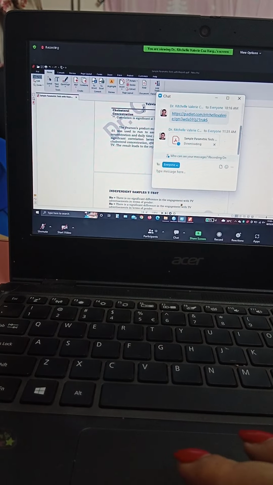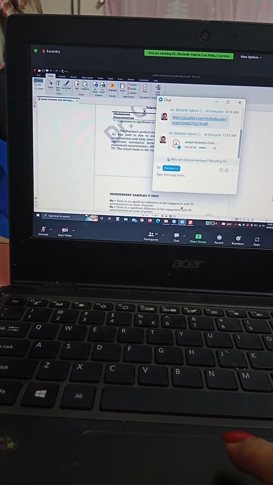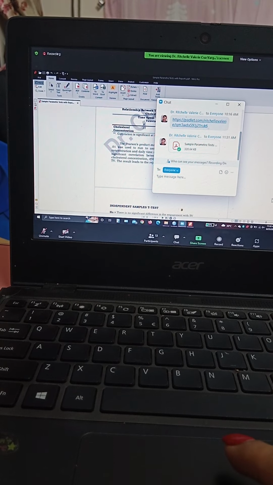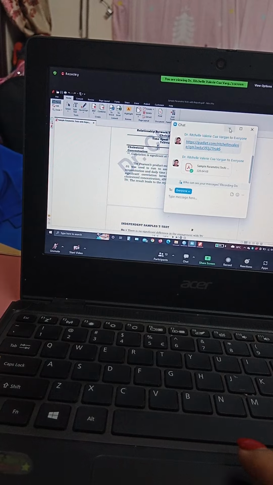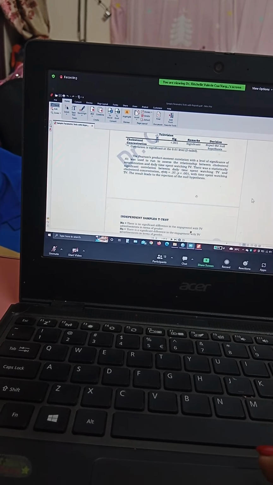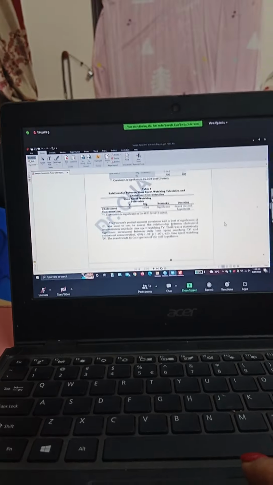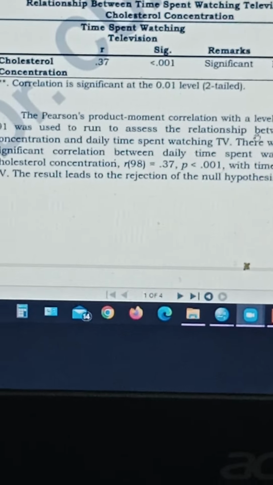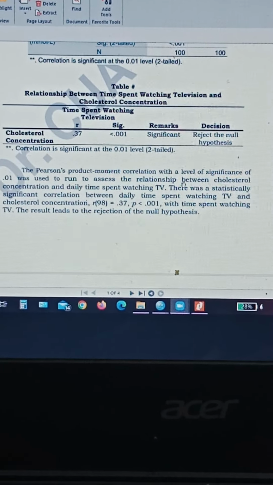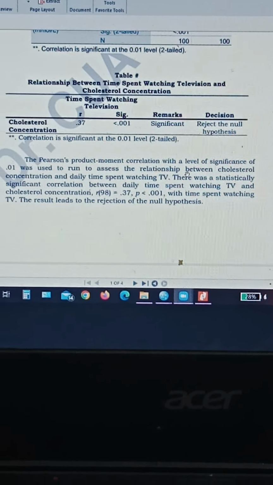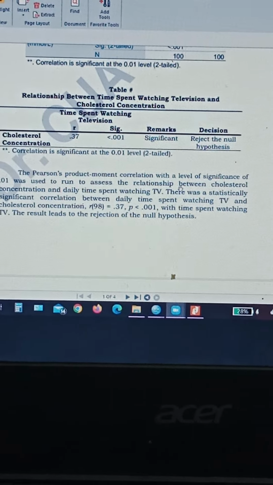Okay. So we have the table here, and then we want to write a report based on this table. To make the report more complete, we can describe the table first. Like you can say Table number one displays the relationship between time spent watching television and cholesterol concentration.